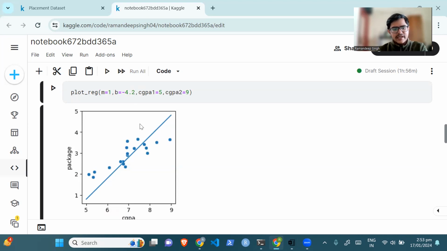Now if I change my intercept value, say to 4, the line shifts downwards or upwards.